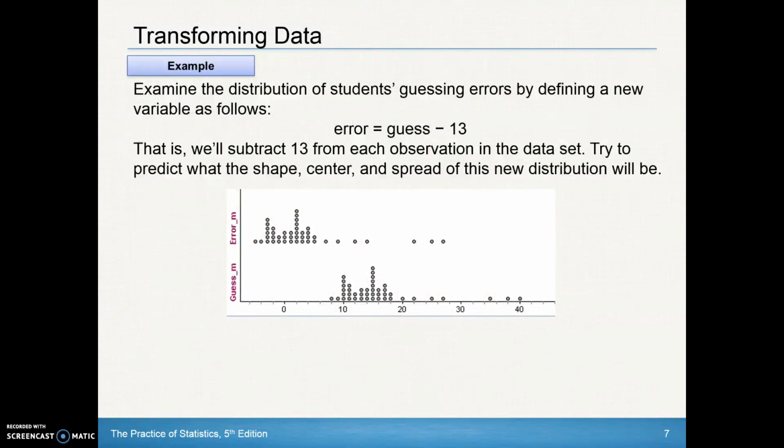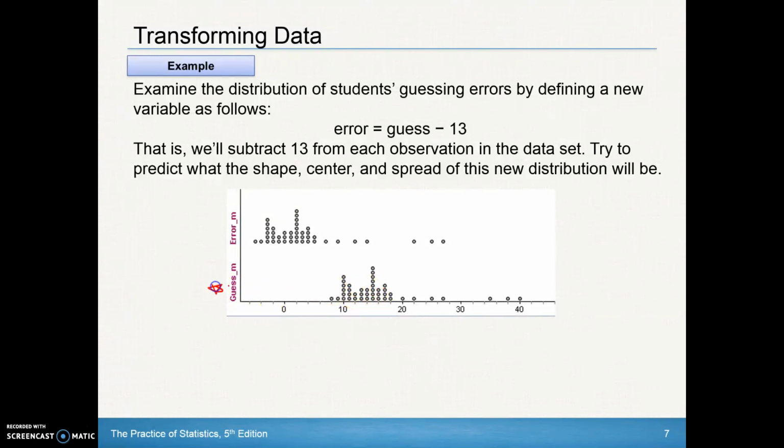So here's an example. These are distributions of students' guessing errors, by defining a new variable as follows. In other words, the error equals your guess minus 13. The data is not necessarily important, it's just looking at how this data is calculated. So this is the guess down here.